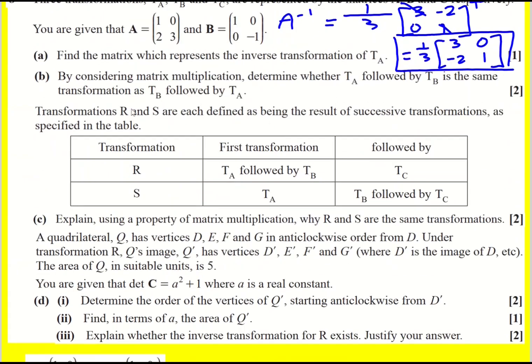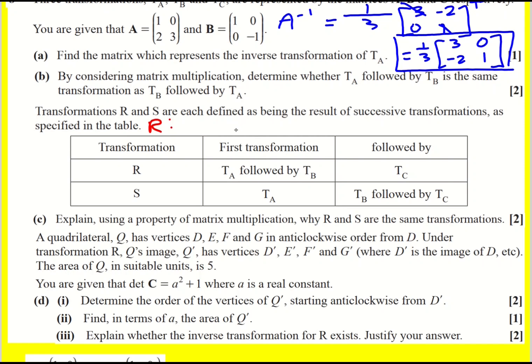We're then told that transformations R and S are each defined as being the result of successive transformations as specified. Explain using a property of matrix multiplication why R and S are the same transformation. So for transformation R, we are doing TA followed by TB.